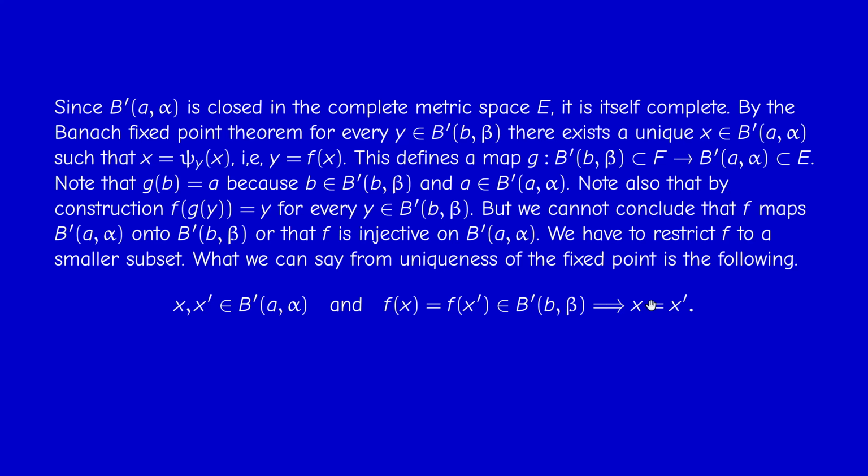Okay, this is the uniqueness of the fixed point. In general, if f of x equal f of x prime without any restriction, I cannot conclude that x equal x prime. But here, when I restrict x and x prime to this closed ball, and I know that the common value is close enough to b, then I deduce that x equal x prime. Okay. So this is why g of b equal a.